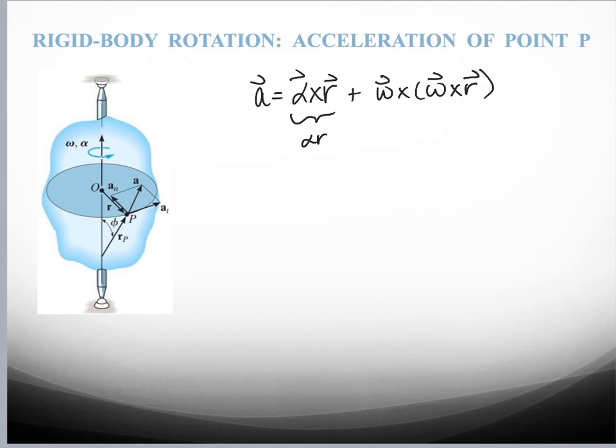Now this one we might want to be convinced of, but if we do the cross products using our right-hand rule, we should notice that this result will end up being in the radial direction but inward, and so this will end up being minus omega squared times the r vector. And that's something that you might want to try on your own just to see if you can convince yourself that that's true.